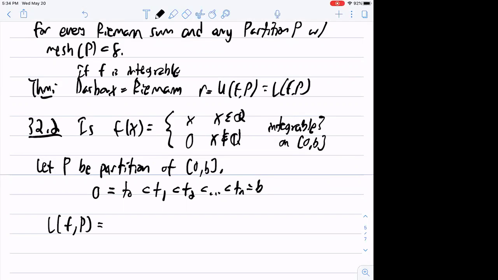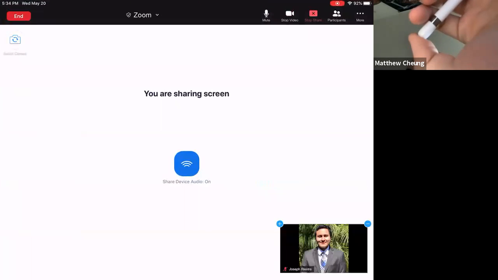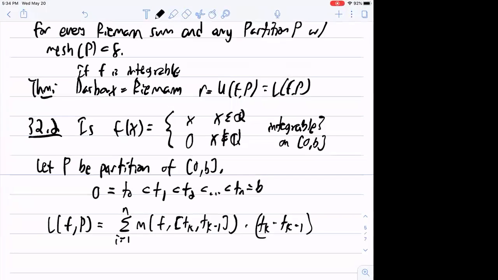L(f,P) is, again, let me just write it out, the sum from k=1 to n of m_k, the infimum of f on the interval [t_{k-1}, t_k], times (t_k minus t_{k-1}). What can you all tell me about the lower sum? Again, what is this little m?